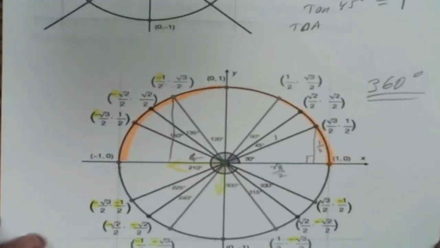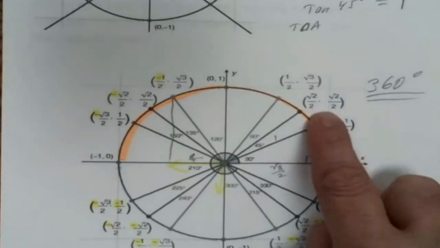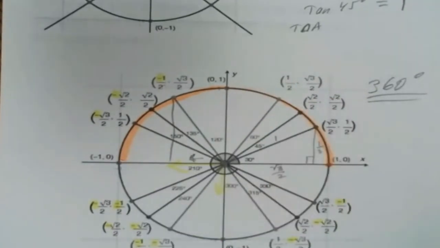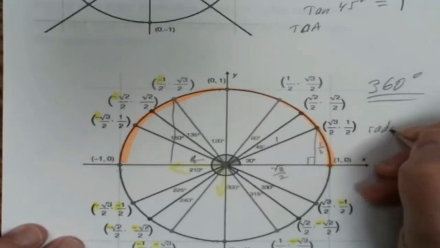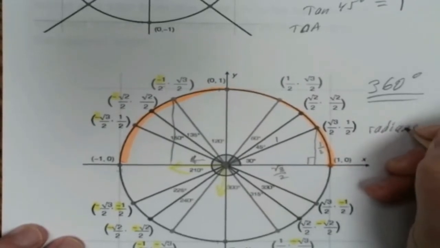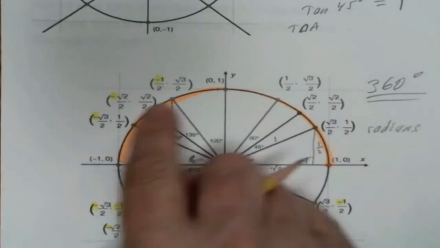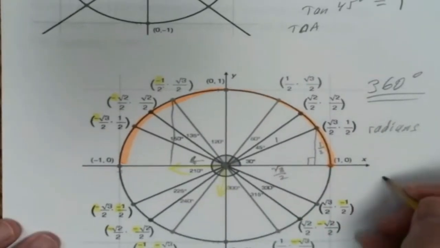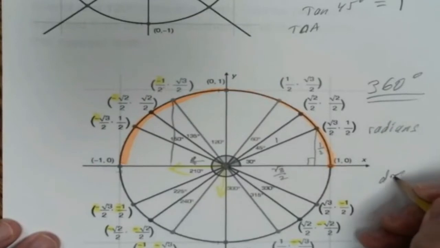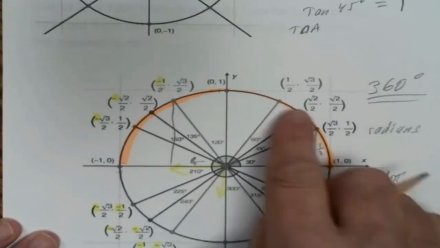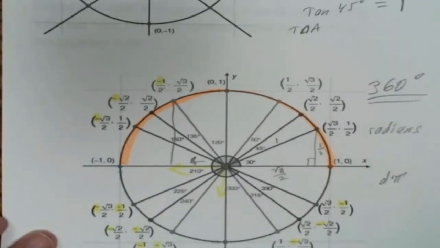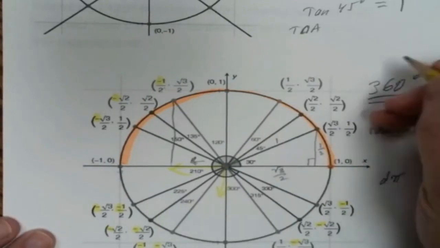But these numbers here, these distances, these coordinates, we're talking about radians. You may not have used radians much before, but you have used them and didn't realize it, because when you talk about the circumference of a circle, you talk about its diameter times pi. Well, the distance around a circle in radians is 2 pi.